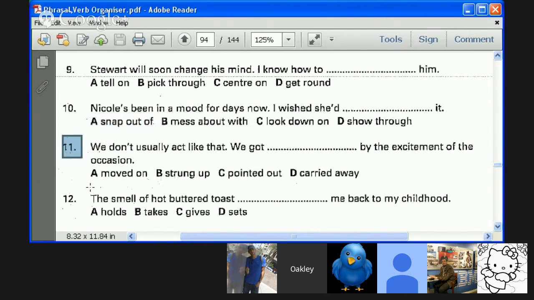Yeah, okay. Khaled, actually. How about number 11 here? Because I'm thinking for number 12, but anyway, we don't usually act like that. We got by excitement of the auction. What's the name of auction, please?